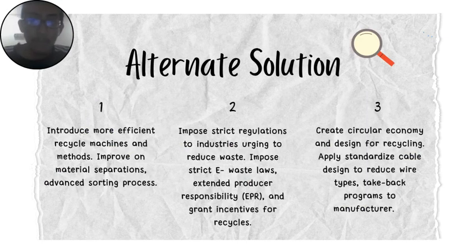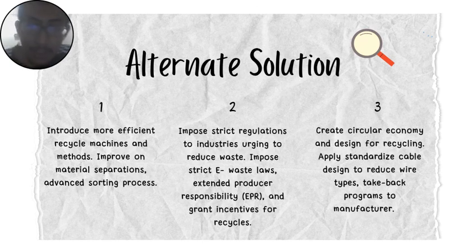On this slide, alternative solutions we can use to clear out cable waste are to introduce more efficient recycling machines and methods, and improve material separation in advanced sorting processes. Secondly, we can impose strict regulations on industries, urging them to reduce waste.